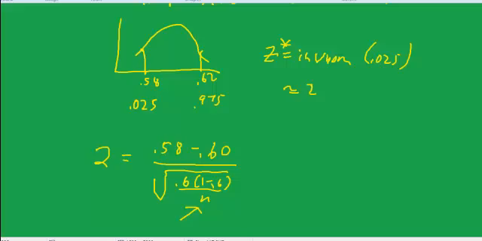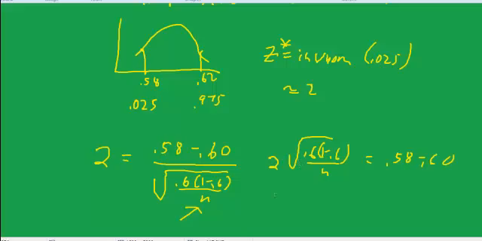So we'd say 2 times the square root of 0.6, I'm going to do this slowly, 1 minus 0.6 over n is equal to 0.58 minus 0.60. So I just move this over to the left side.